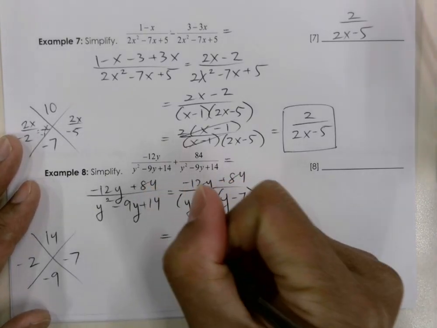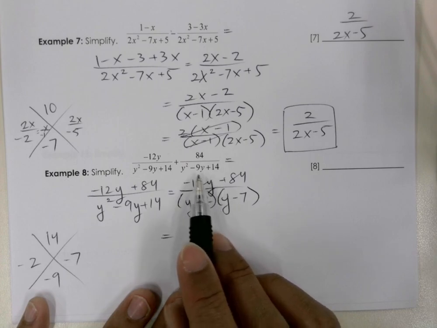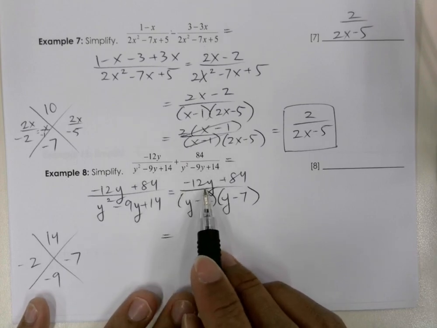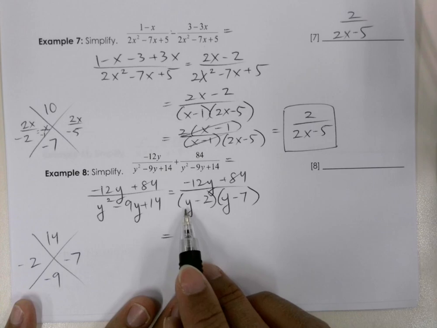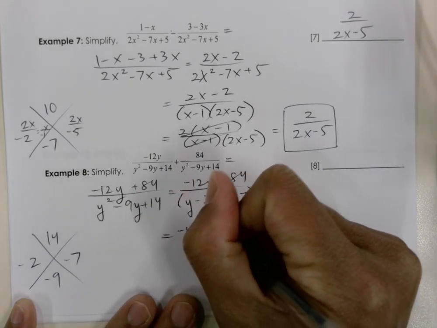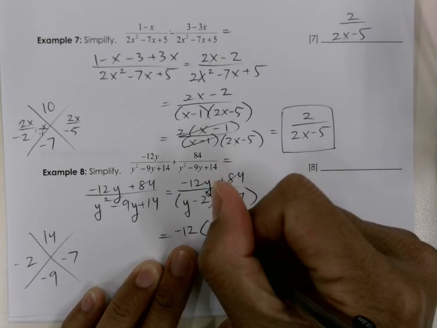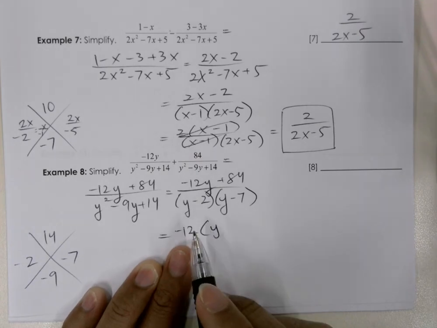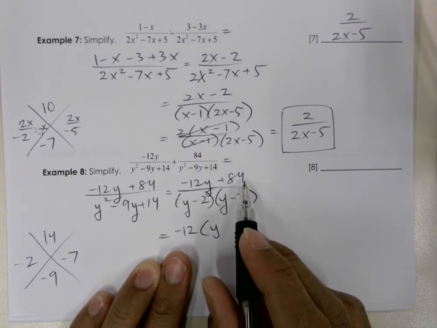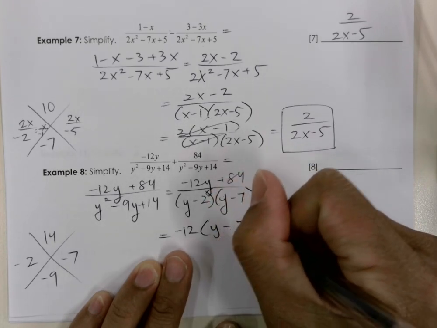But also notice that if we factor out a 12, we'll get a negative y here. We don't want a negative y because the factor in the denominator is positive y. So we want to factor out a negative 12. So we factor out the negative 12, and so we get positive y. And then what times negative 12 makes 84? Well, that's going to be a negative 7.